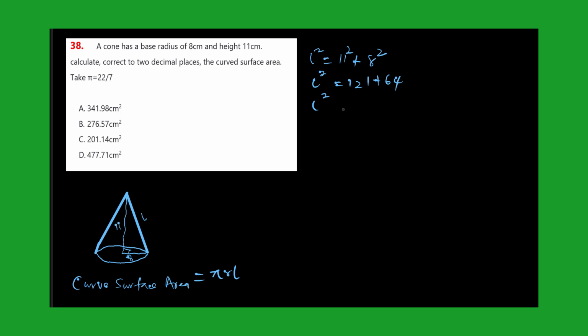So L squared equals 121 plus 64, and that will be 185. So let's find the square root of 185.